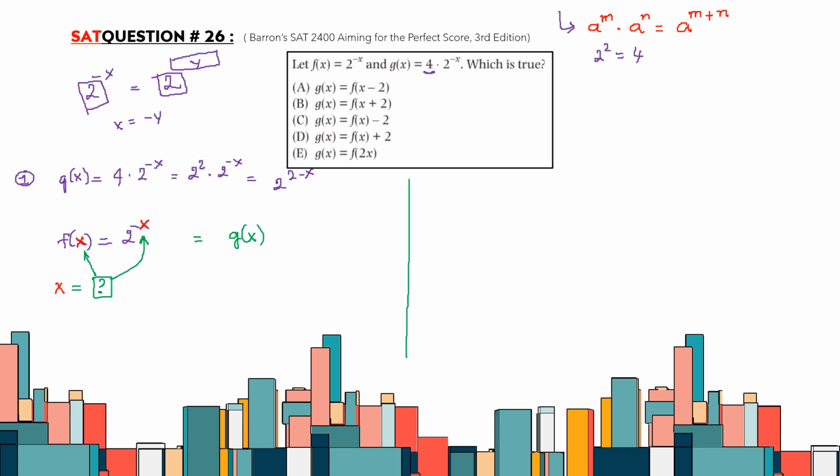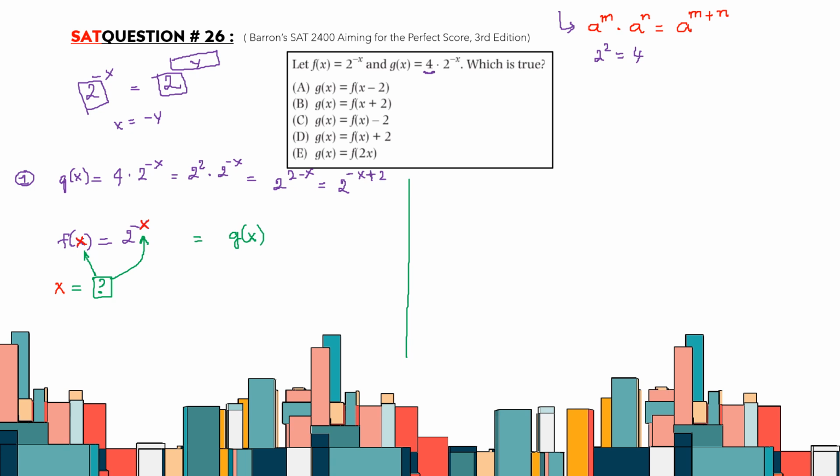Looking at number 2, we will have x in red, but we have the negative. So let's make it similar to f of x. So g of x is 2 to the power of 2 minus x. I will rewrite it as 2 to the power of minus x plus 2.